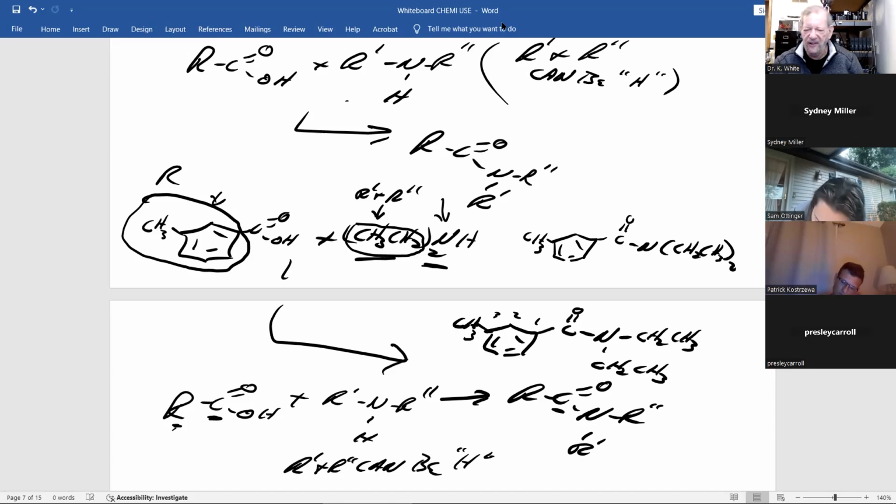Because this goes under the acronym DEET, diethyltoluamide, and that's the active ingredient in mosquito repellent. When you put on any commercial mosquito repellent, that's the molecule that keeps mosquitoes and other insects away from you. How does it do that? I have no idea. I know it does, and I told the story about that in my video.